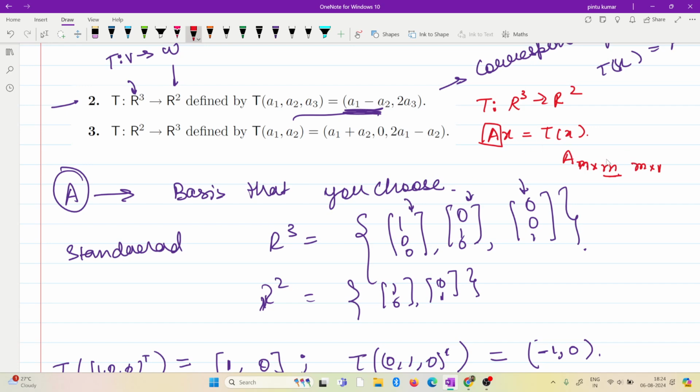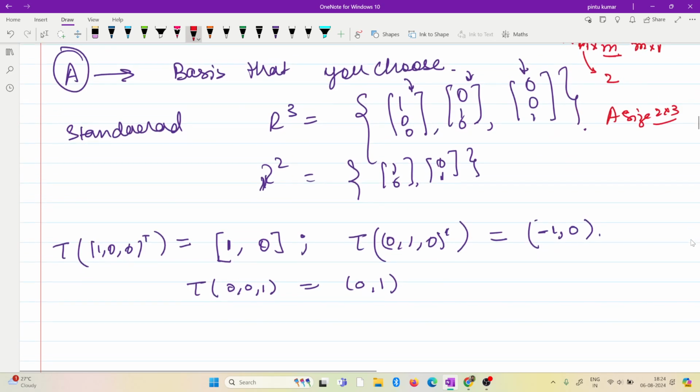So m we know, if we have R3 to R2, m should be 3, right? And the output is 2 cross 1, so our n should be 2. So A should be a matrix of size 2 cross 3.